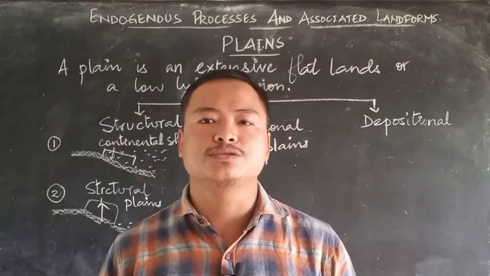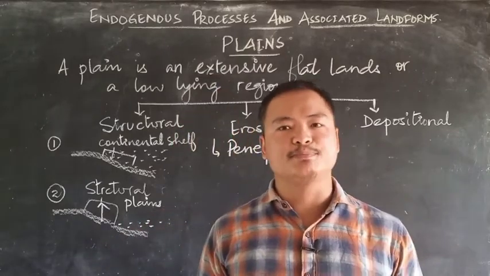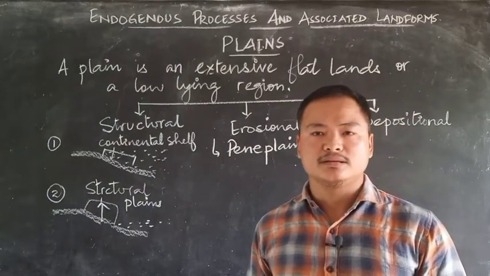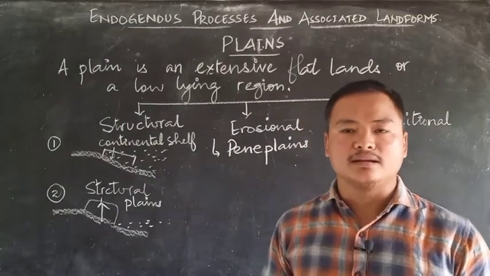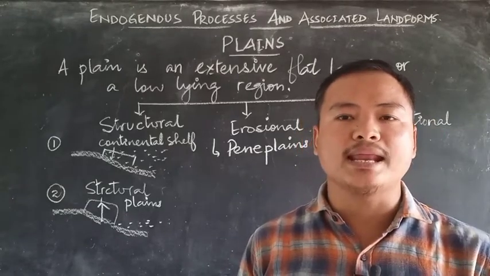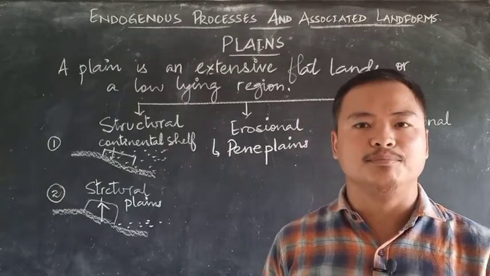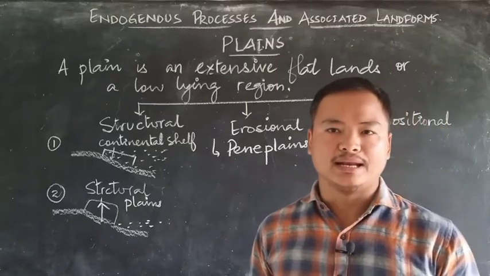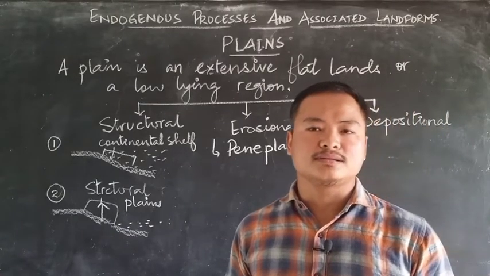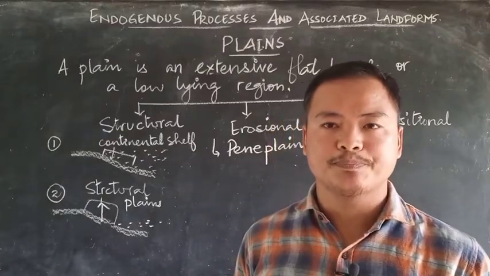The first of the erosional plains that we will discuss is peneplains. When we define it, we say it is almost a plane-like structure, not exactly a plane, but almost a plane-like structure. So how are peneplains formed?